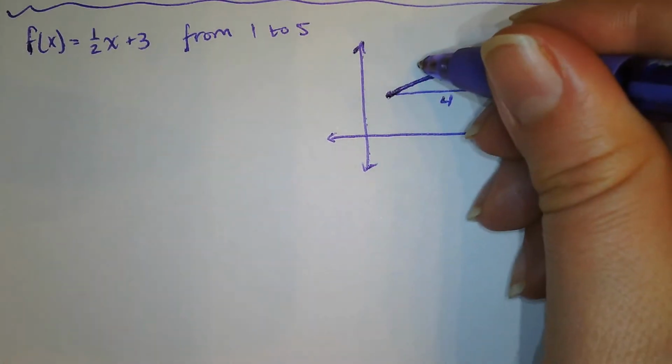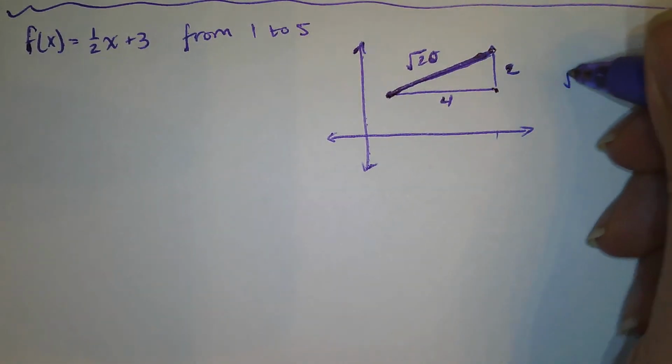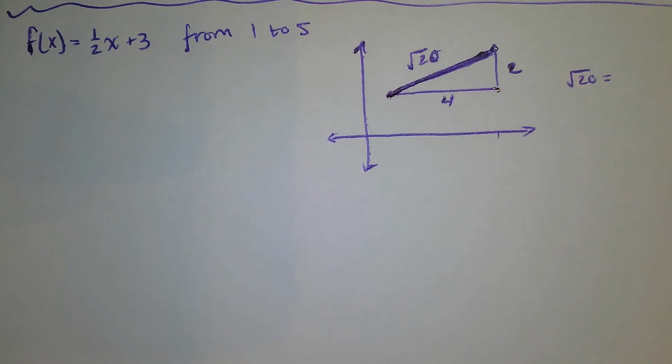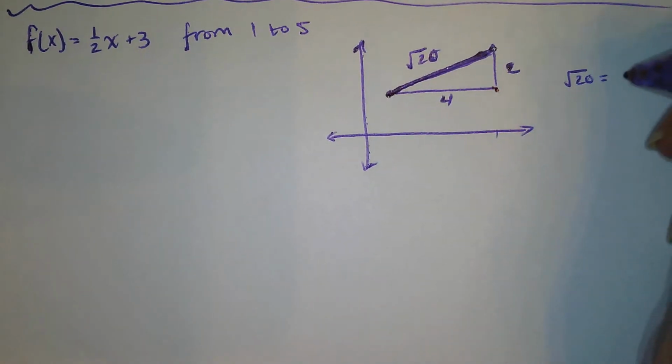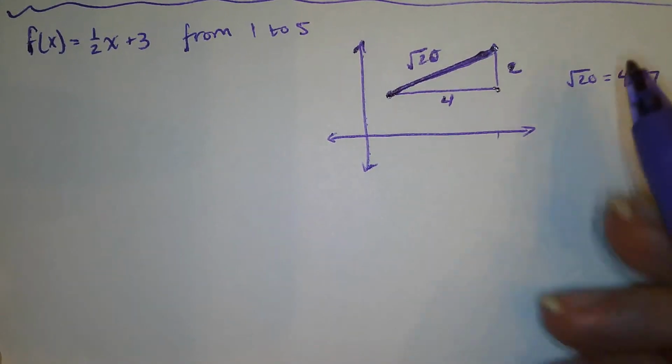If we do a quick Pythagorean theorem, we'll get the square root of 20, which is about 4.47. Okay, so that's what we're trying to look for here.